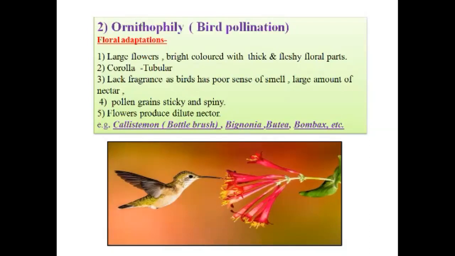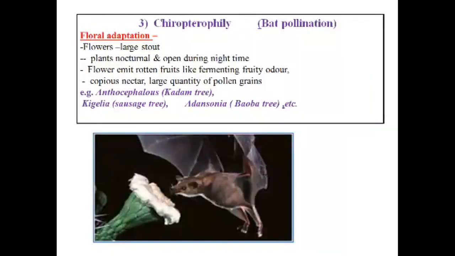Examples are Callistemon, Bottlebrush, Bignonia, Butea, Bombax, etc. These are examples of ornithophily, and these flowers are called ornithophilous flowers.